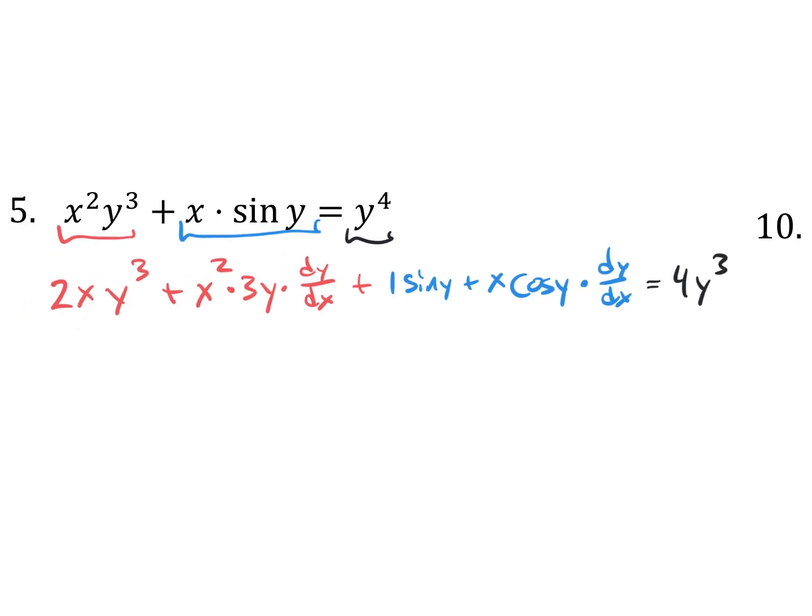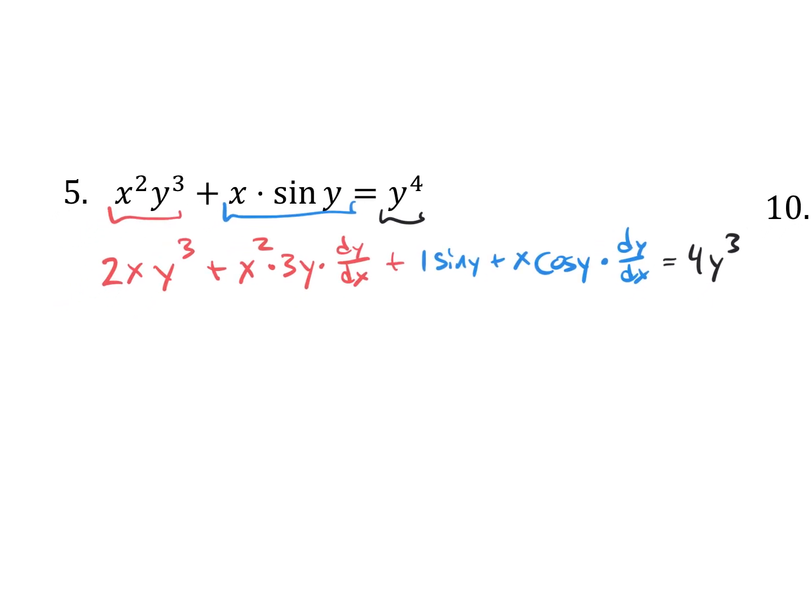Okay. Now it's time to clean up. We want to move everything that's not a dy dx term to the other side. So let's keep an eye on those. That's a dy dx term because it's a bunch of stuff multiplied with a dy dx. So we have 2 dy dx terms. The other ones are going to the other side. So we'll rewrite these.